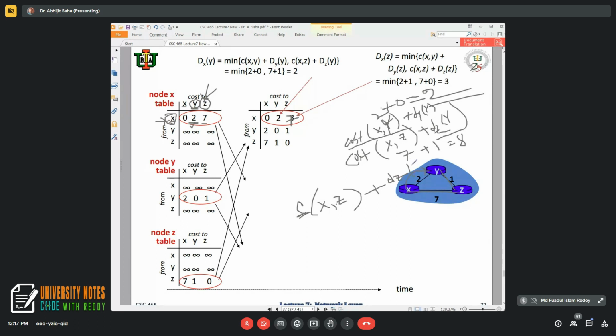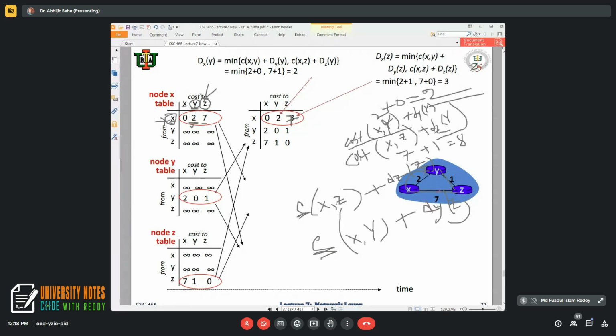Another path is the cost of x to y and dy to z.